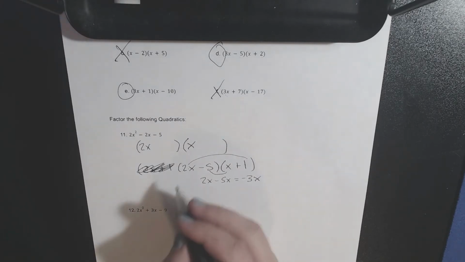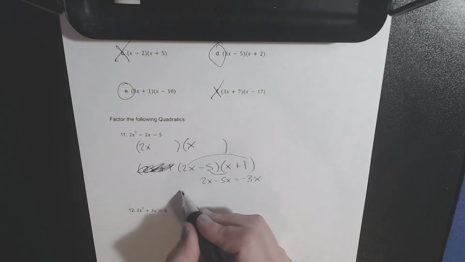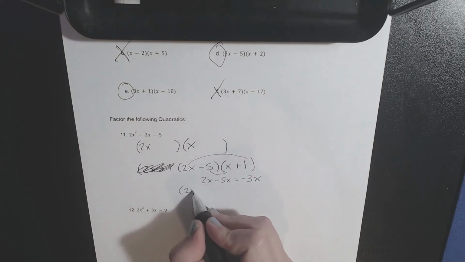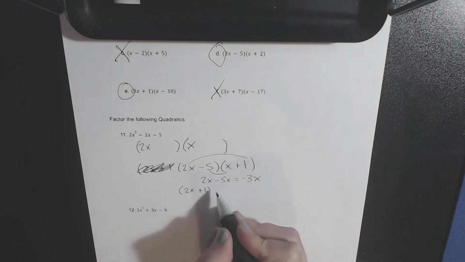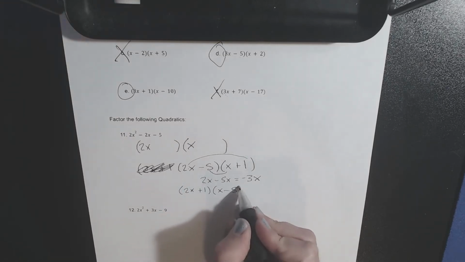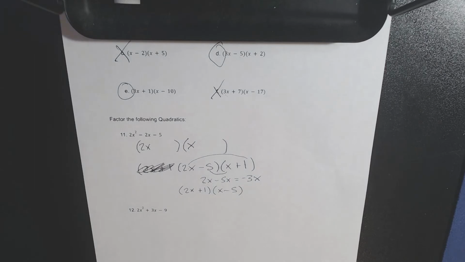Okay, so let's try again. Let's make another guess. Maybe we'll switch it to 2x plus 1 and then x minus 5. How about that? Just switch where I'm putting the things. Let's see, does this work? Now, again, we get the 2x squared from this one, so we don't really need to check that.